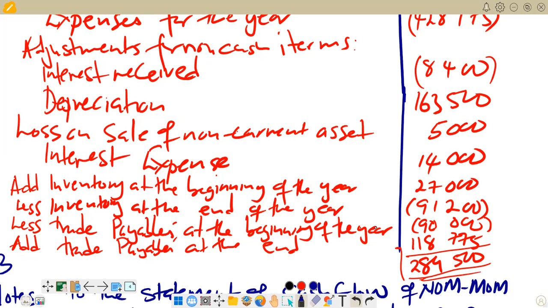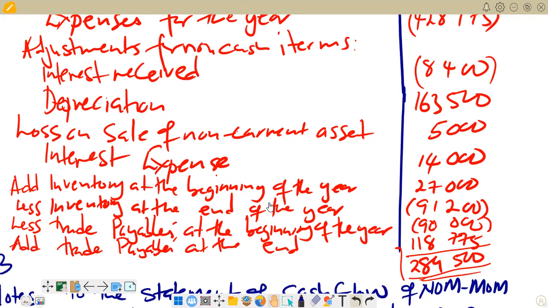The balance at the beginning is what we owed, and the balance at the end represents the movement of cash that has transpired. If the trade payables have reduced, it means we paid something to the suppliers. That's why we adjust for trade payables at the beginning and again at the end. So we move on to the next part of the question.